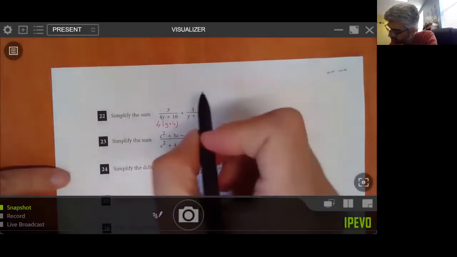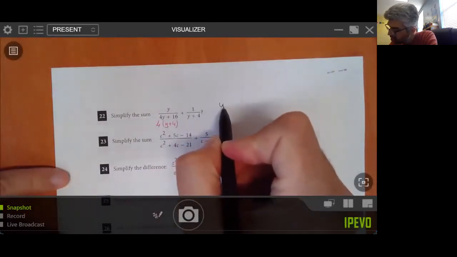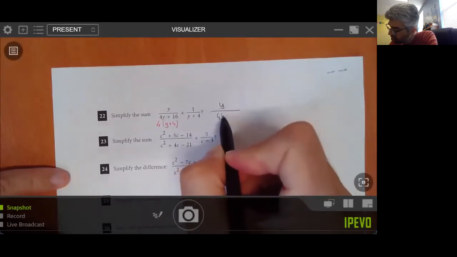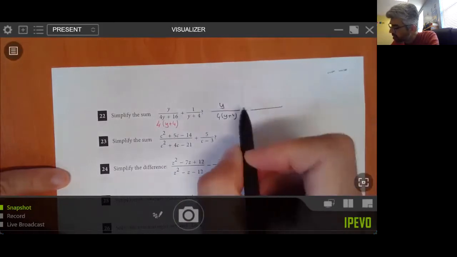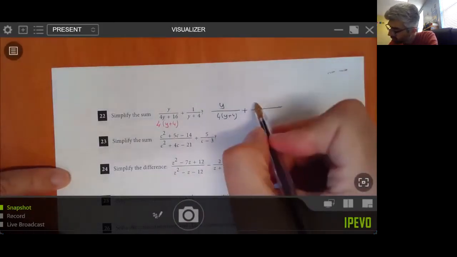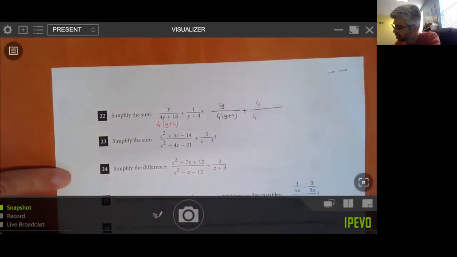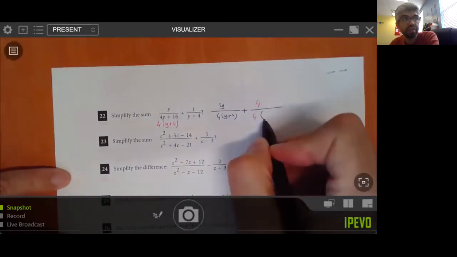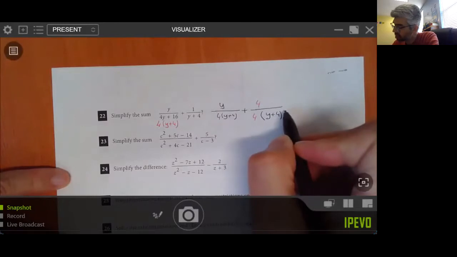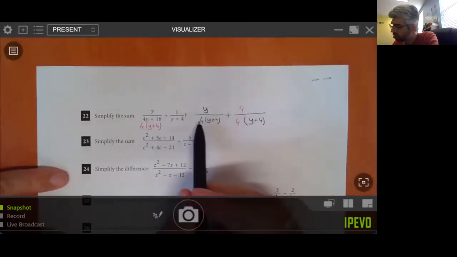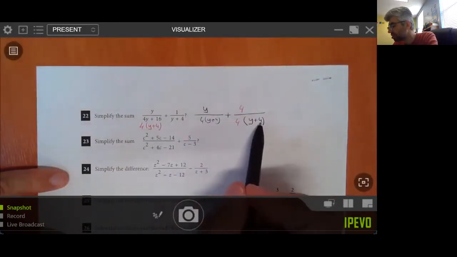And I rewrite the question here again. So y over 4 times y plus 4 plus, when I multiply this by 4, I will have here 4. You see, I multiply by 4 now, the whole second fraction, and it is y plus 4. You see, now 4 times y plus 4, 4 times y plus 4.